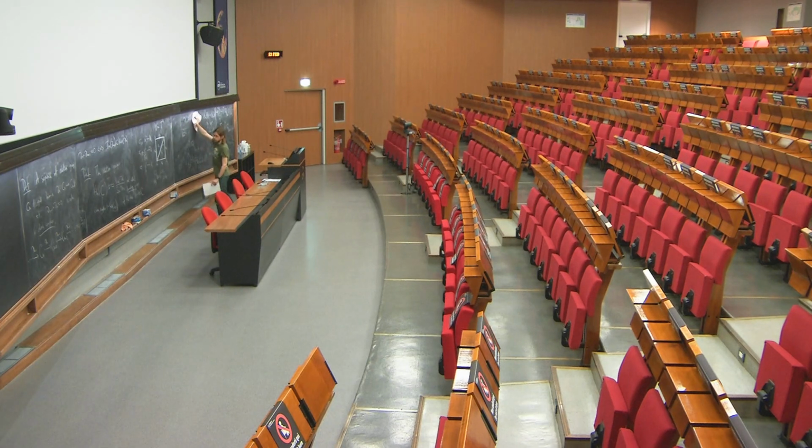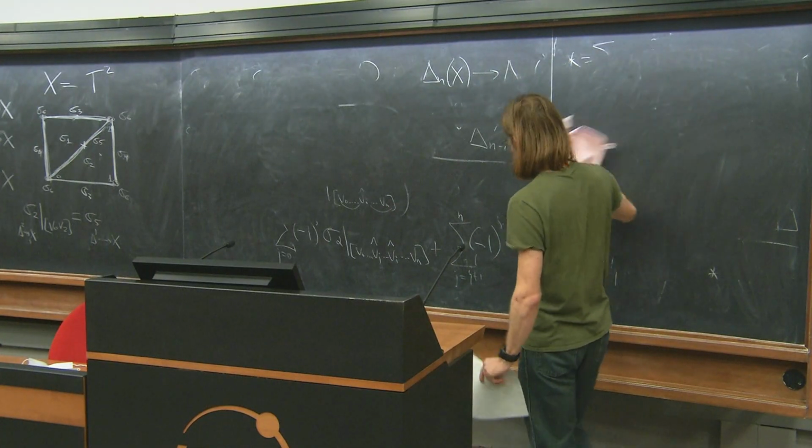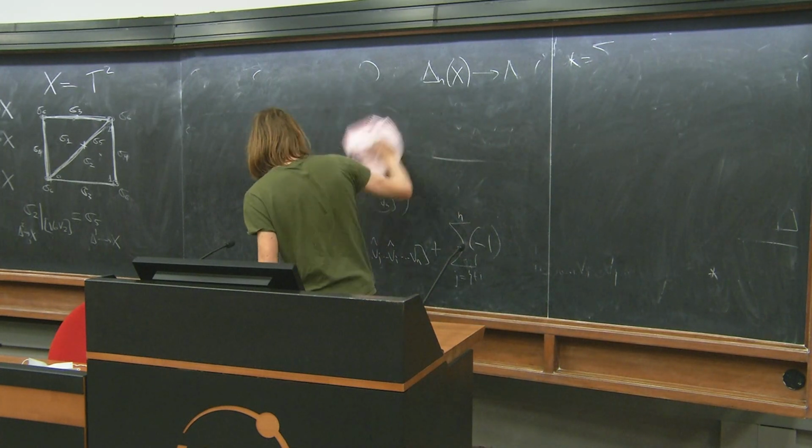This is quite general, and as we just saw, these groups delta n of X, which we defined using the delta complex structure of the topological space X, provide an example of a chain complex.